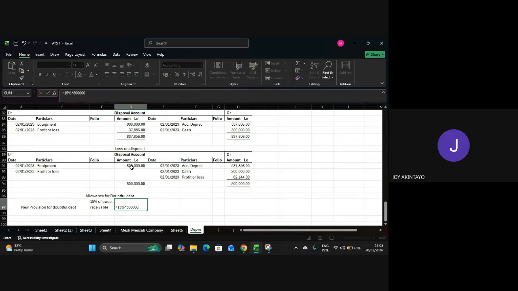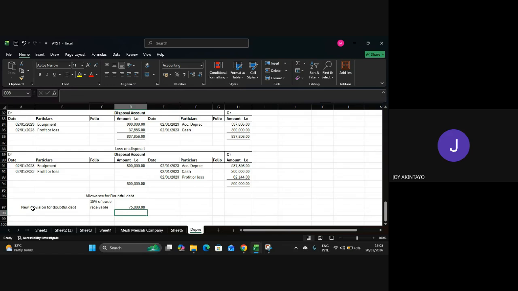What is your value? 75,000. So we have 75,000 naira.